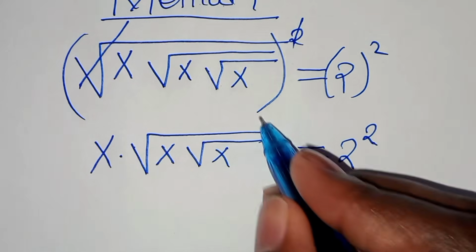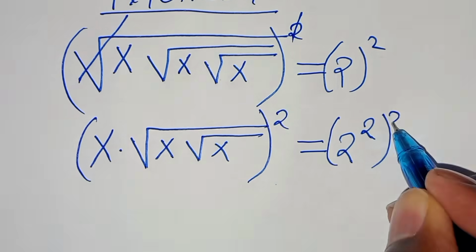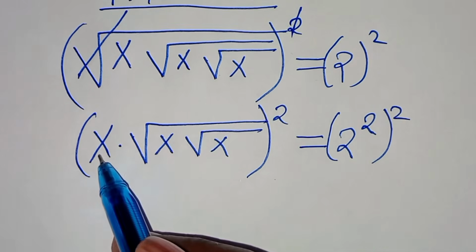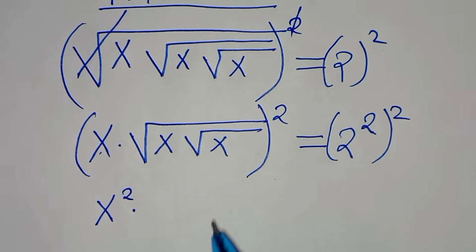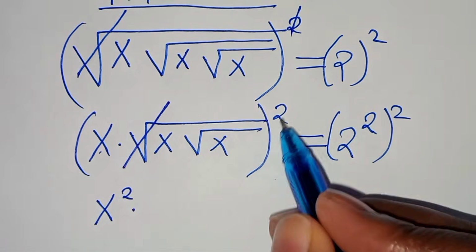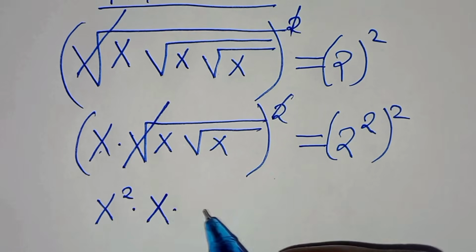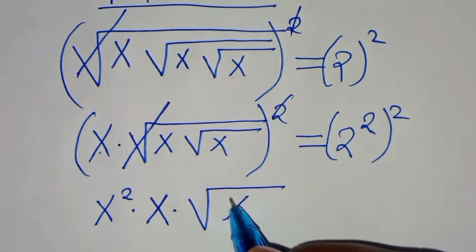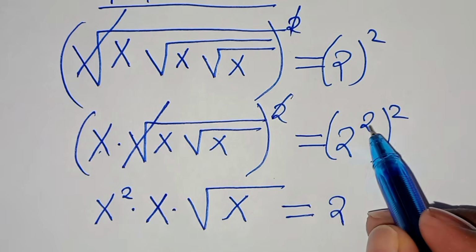The next step is again to square both sides, so that now we have x raised to the power of 2 multiplied by, now we eliminate the second square root sign, x multiplied by square root of x. This is equal to 2 raised to the power of 2 times 2.